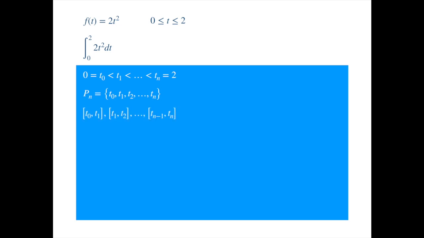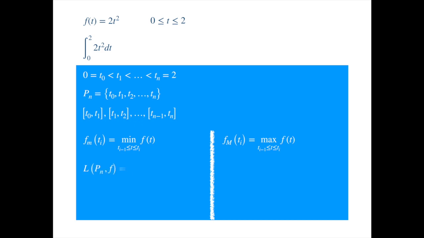One then defines the lower and upper sums, the story of which goes as follows. We take the minimum and the maximum values that the function takes in each subinterval. We then multiply these values by the length of each subinterval and sum across to get an estimate of the area under the function. These, as the names indicate, provide lower and upper estimates of the integral.